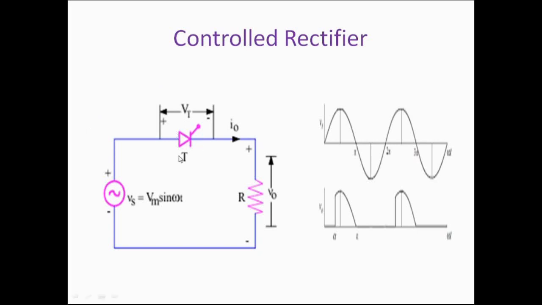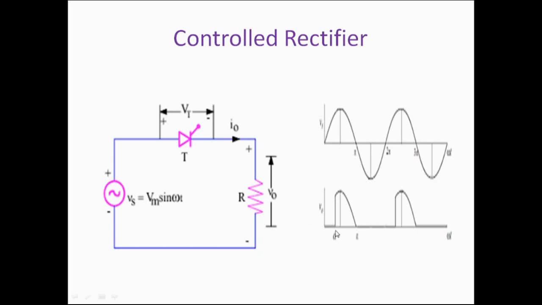Means here we require some switch. That switch should be in off state, means it should disconnect these 2 wires during this period, and it should connect these 2 wires during these periods. So what I am doing, I am applying a gate pulse somewhere here, means at alpha. I will tell you a lot of things here.